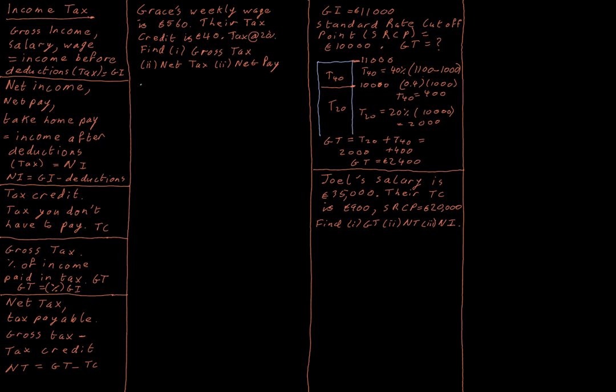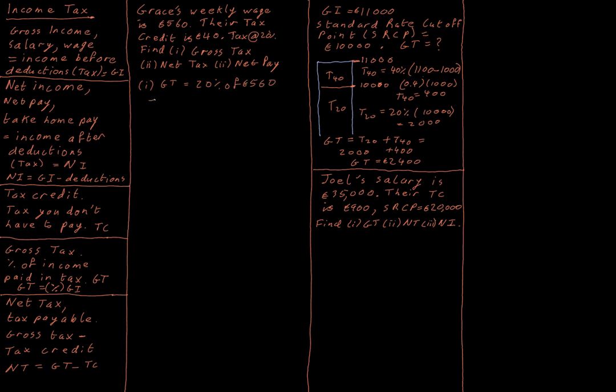So part one, we want to get the gross tax, which we call capital G, capital T. So part one, we're getting the gross tax, and that is going to be the 20% tax. So it's going to be 20% of our income that we've got here is going to go on tax. So we want to get 20% of €560.